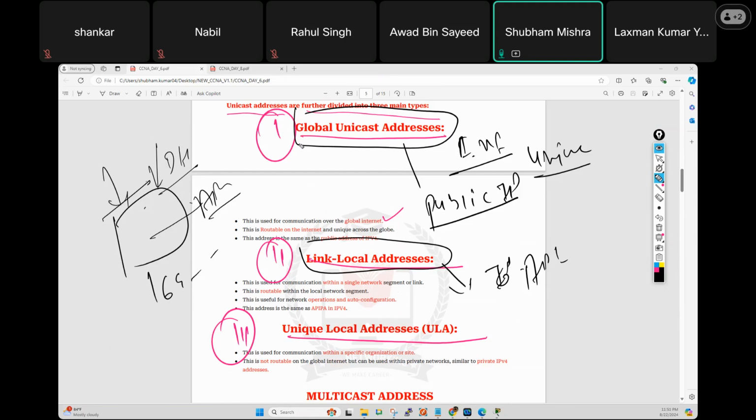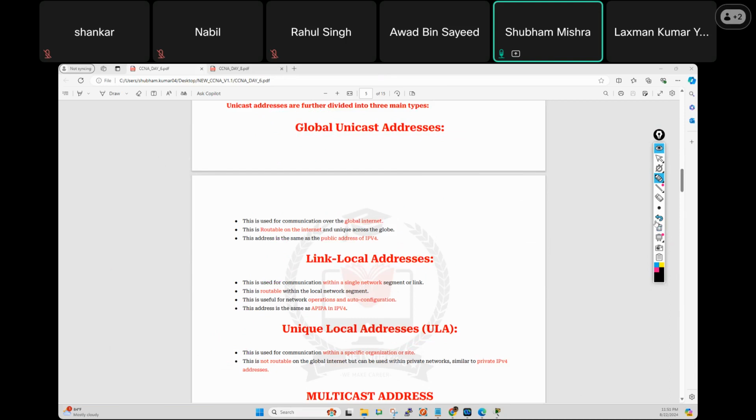You guys can check. This is called APIPA, and this is also a reserved IP address. So a link local address is the same, like an APIPA address. Are you clear, everyone? And this address is routable only inside the LAN, not over the internet. Clear, everyone? That is called link local address.